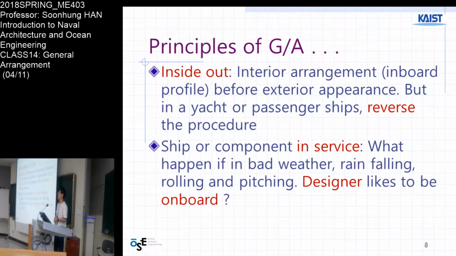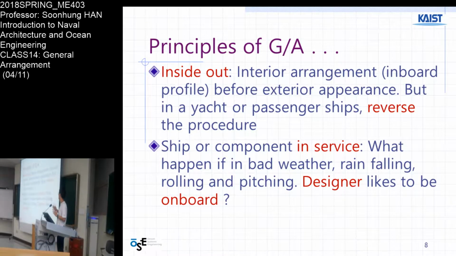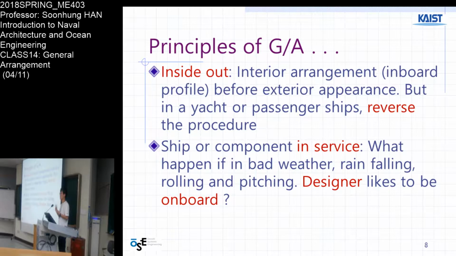This is a very easy concept, because if we think about the exterior appearance first, there might be not enough space or some unsafety for very important parts of the ship. These are not for yachts or passenger ships, because for yachts or passenger ships, people think the exterior appearance is important. So this is not for those ships.